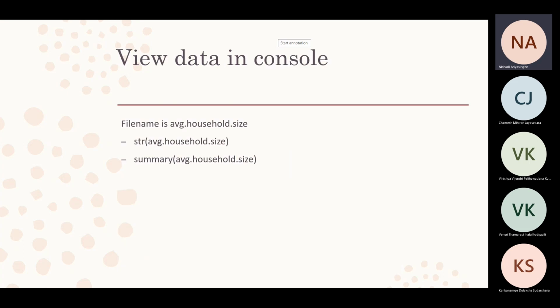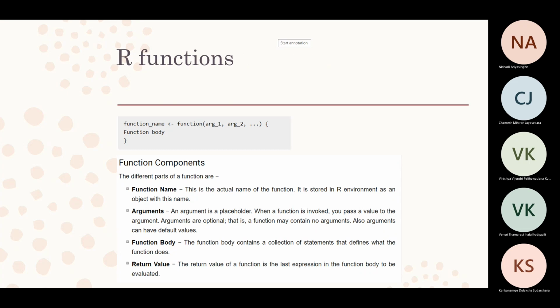But for example here, summary is a function, and here we are passing our file name as an argument in the argument list, right?